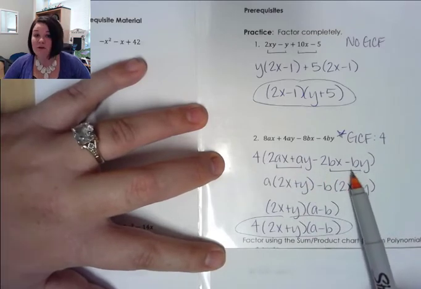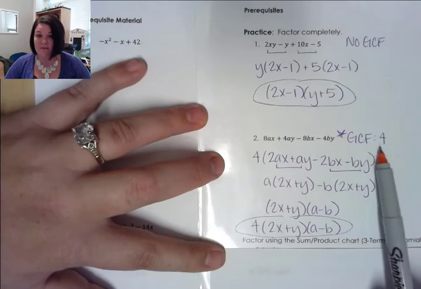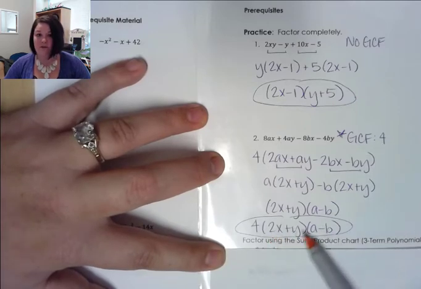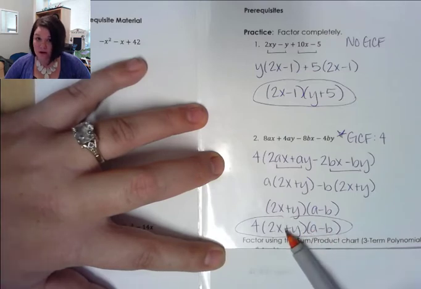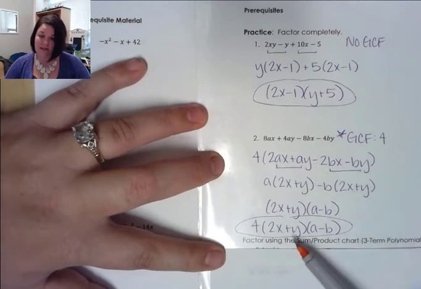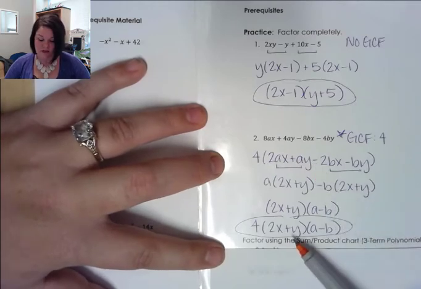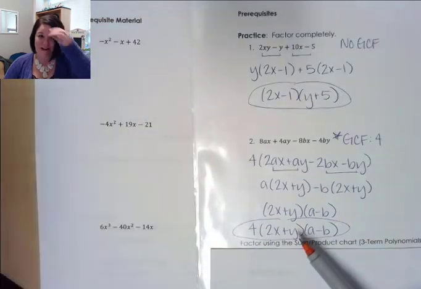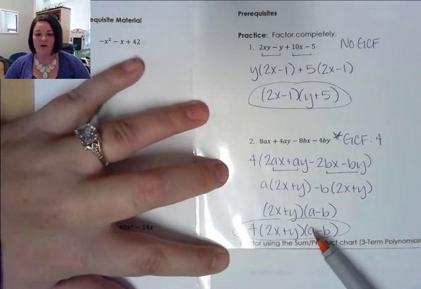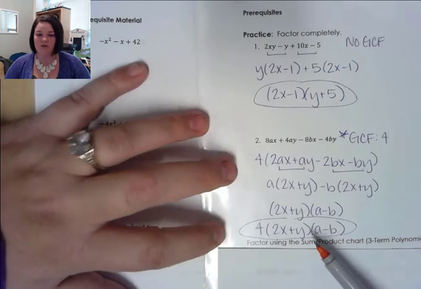Now, if you forgot to take out this greatest common factor first, and you already have some answer down here of 2 factors, one of them you should be able to pull the 4 out of. So if you forget to do it at the beginning, you can do it at the end as long as you remember to check. Okay, so don't erase everything. If you forgot to take that 4 out, you probably have the right answer. You just need to take a 4 out of one of your solution quantities.